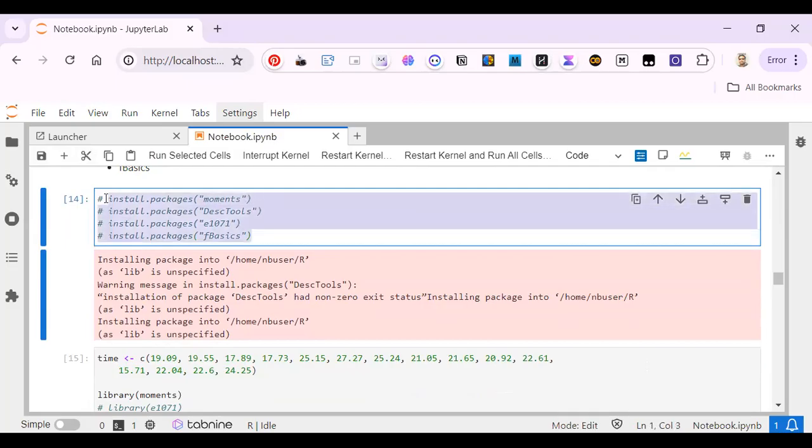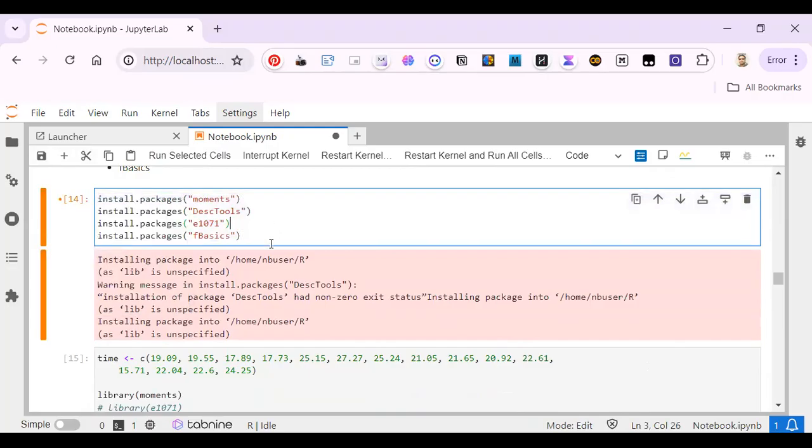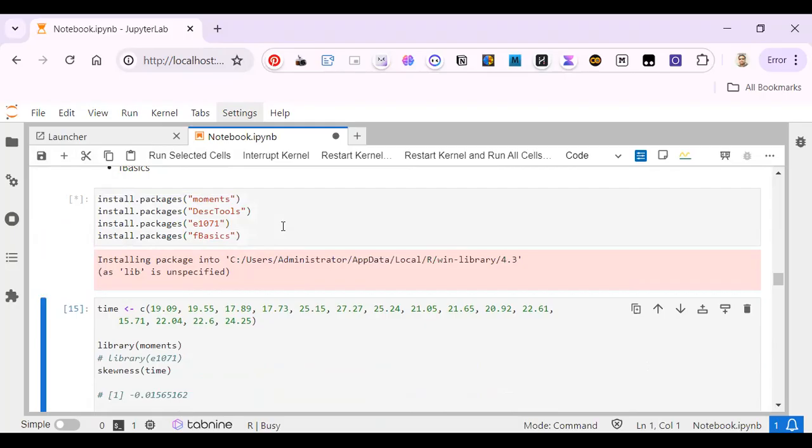So I just want to install it here itself. It will take a couple of seconds. Let's move ahead. Like I explained, this filled color circle indicates busy.